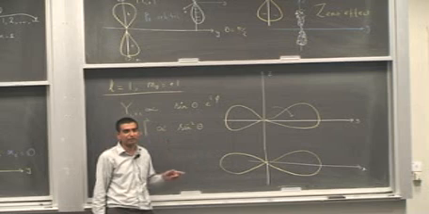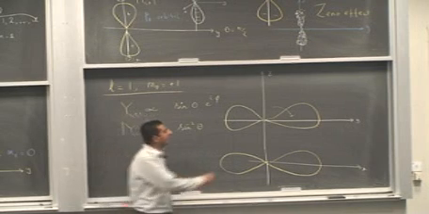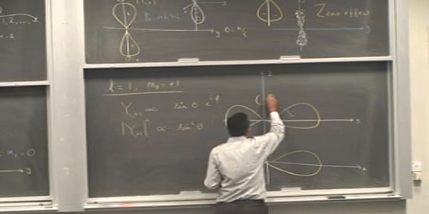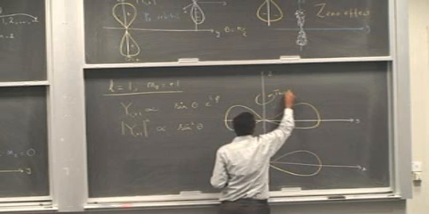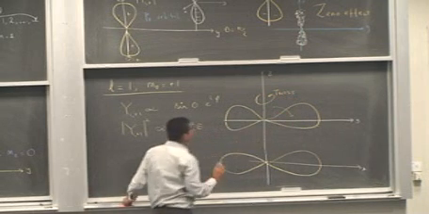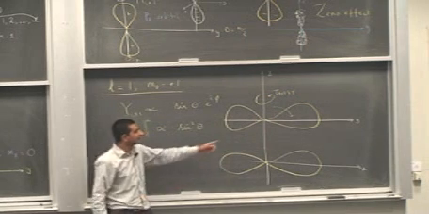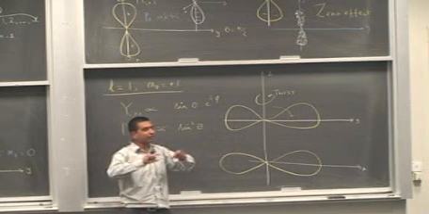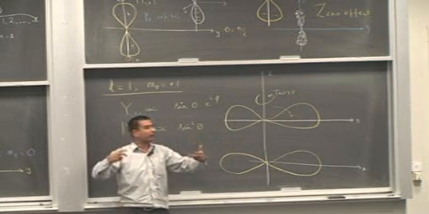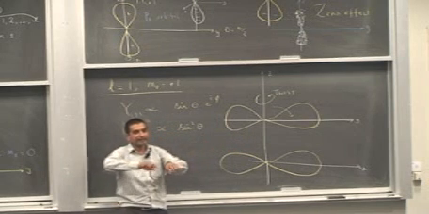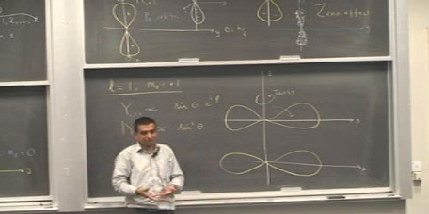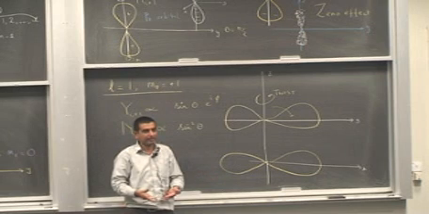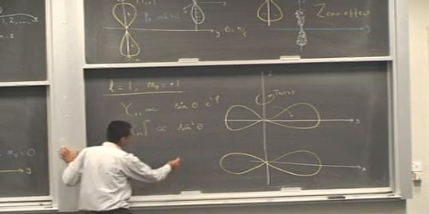In fact, I have to twist this around the z-axis in order to complete the picture. And when I rotate this or revolve this around the z-axis, I do not get lobes on the y-axis or the x-axis. I get a donut shape, something that looks like this.